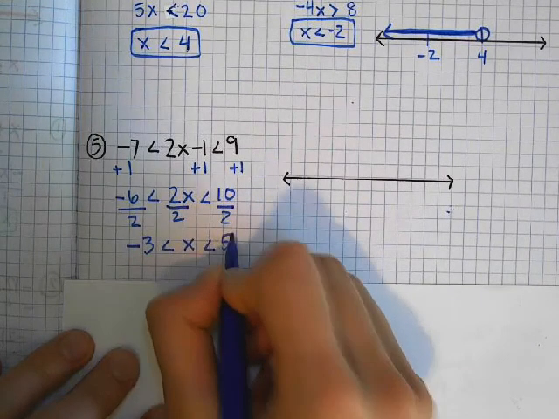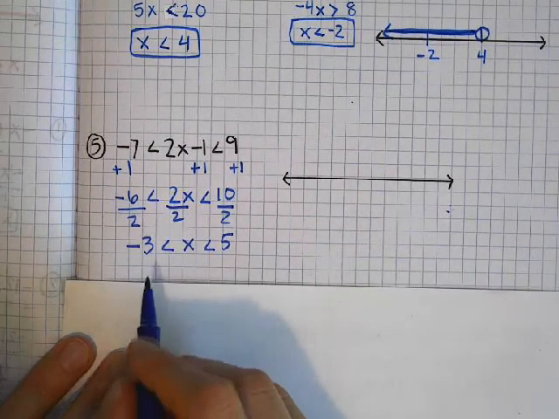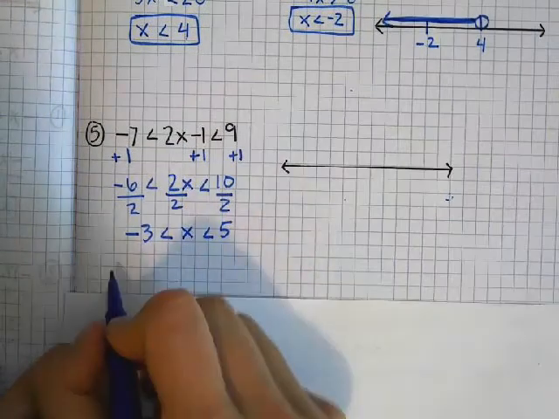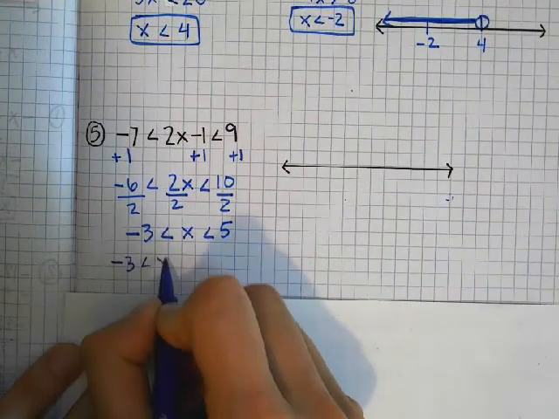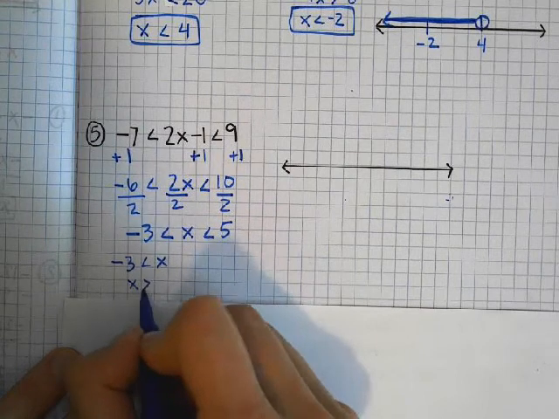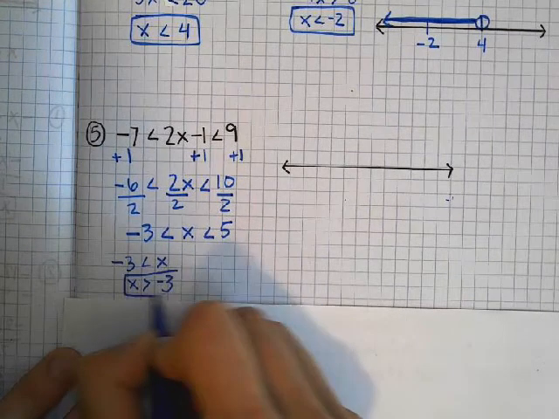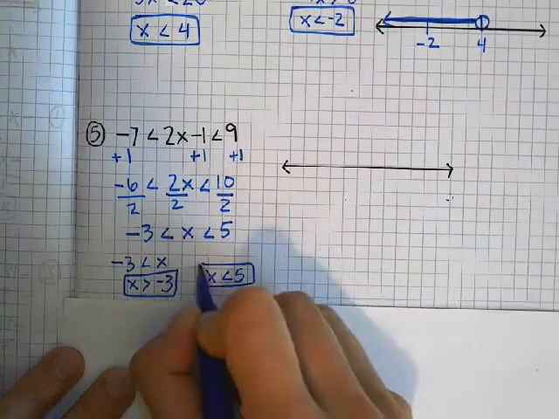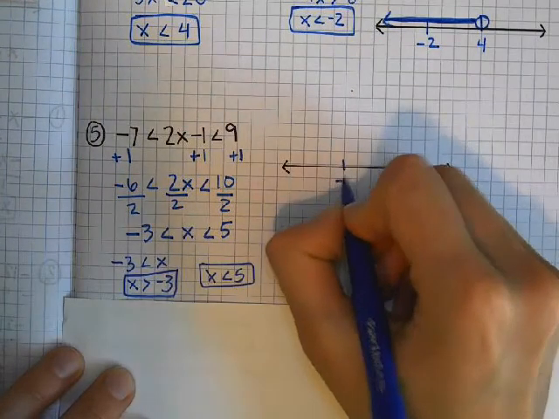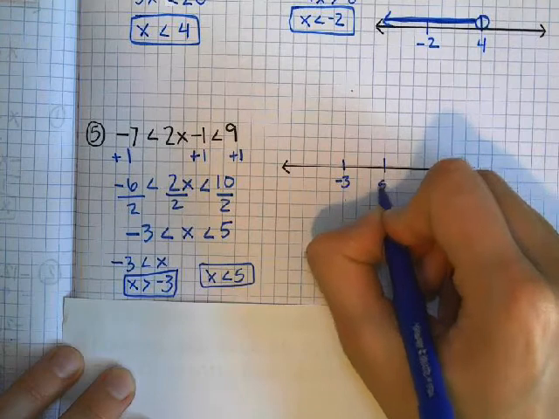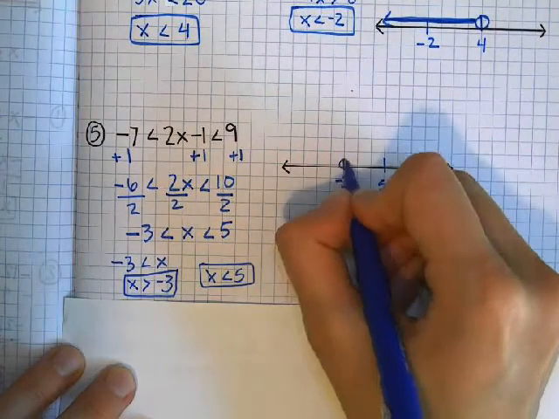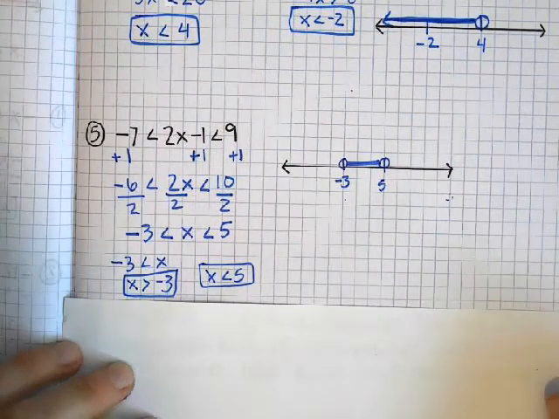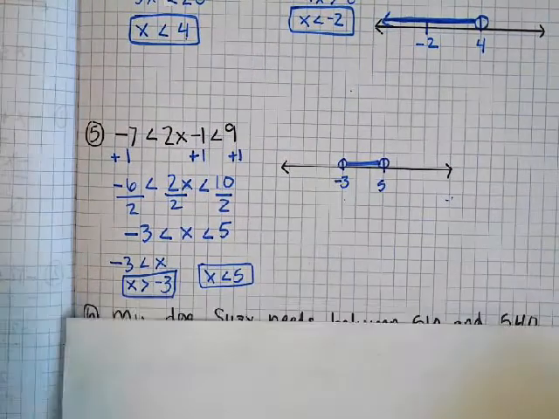So we have -3 less than x is less than 5. Now, if this makes sense to you that I just need to color between -3 and 5, then that's great. If not, you can separate it into those 2 inequalities. And x is less than 5. With this, we actually have 2 open circles, and we are shading in between.